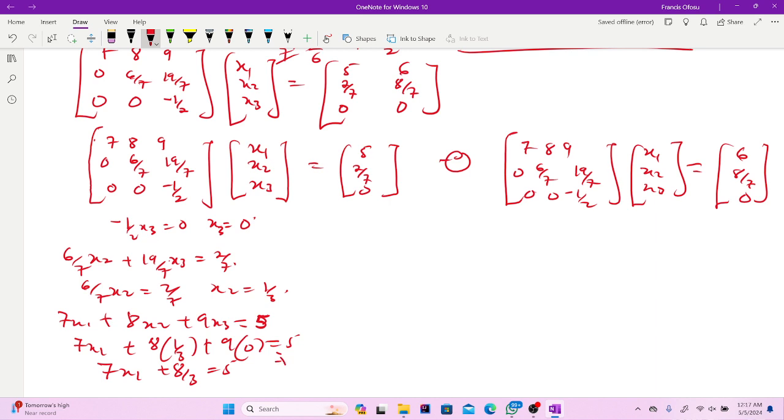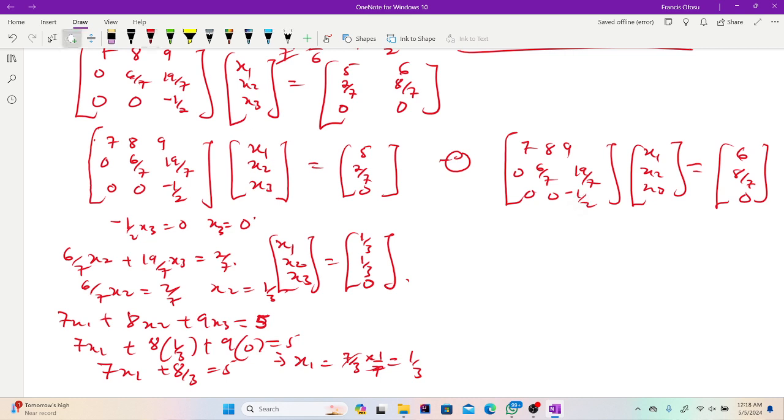So I'm going to get x1 equal to 7 on 3 times 1 on 7. To cancel, I'll get 1 on 3. So here I'm going to get x1, x2, x3 as: x1 is 1 on 3, x2 is 1 on 3, then I'll have 0.